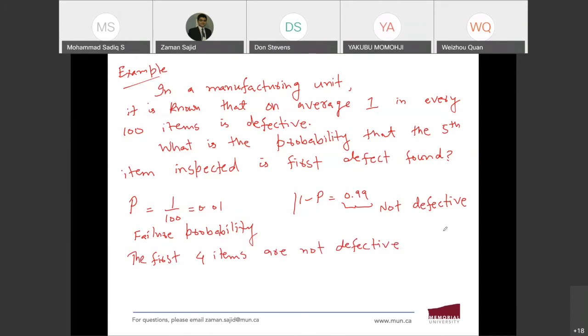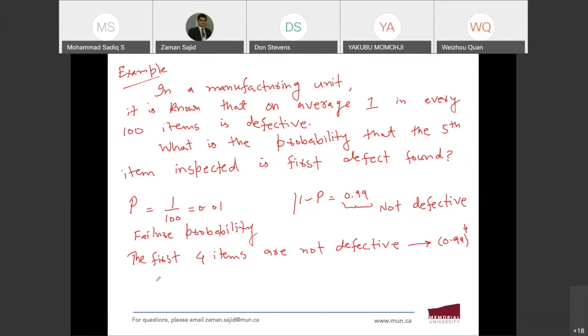So for them, I have 0.99, and because there are 4 items, it will go to the power 4. The fifth one is defective.